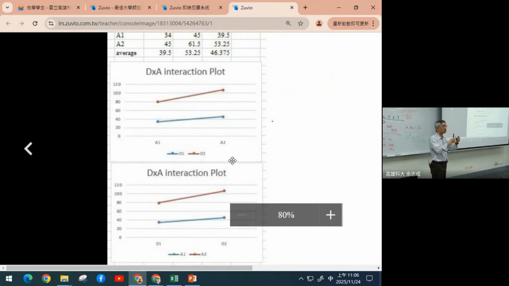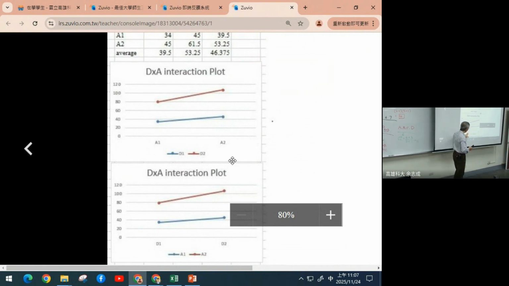I say interaction of A and D, right? D will have some influence on the output of A, but it doesn't change the selection of A. A2 is still better than A1.